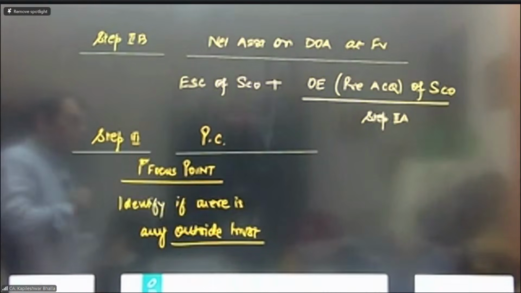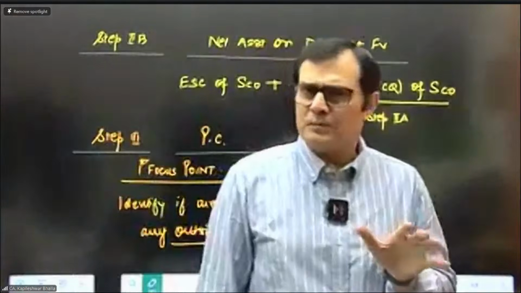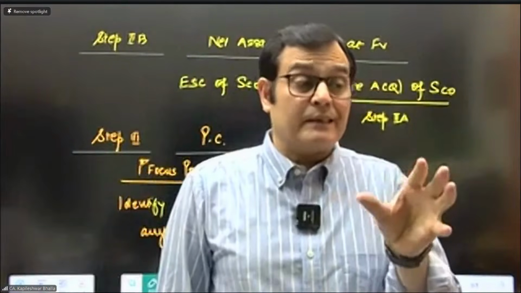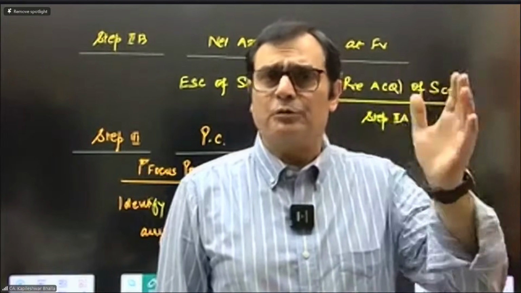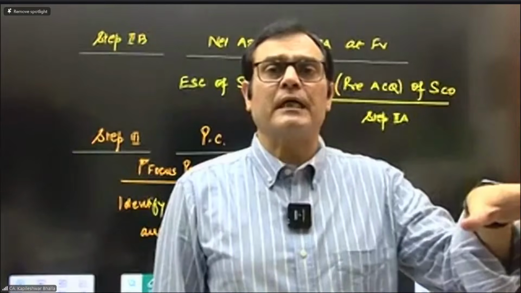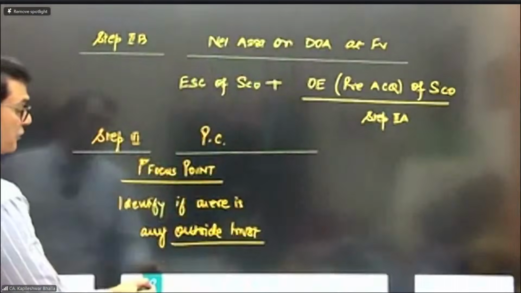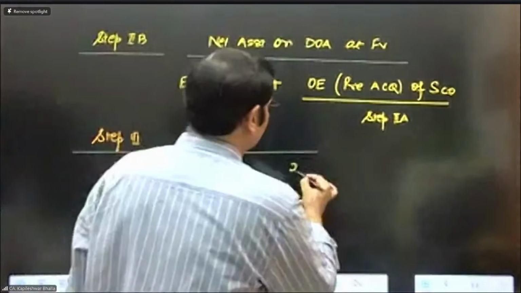The investments appearing in the balance sheet of the parent company may not just be investment in the subsidiary. So you need to proactively see if there is any outside investment. When you do step 3, look at the information, because any outside investment would appear in the consolidated balance sheet as well. Next agenda, the second focus point.